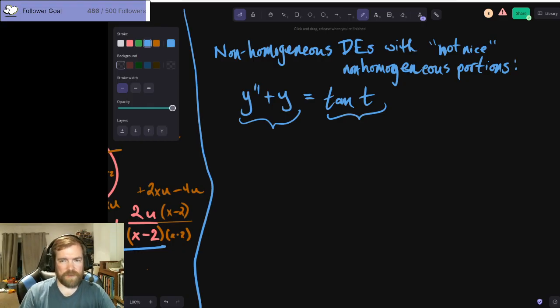we have a tangent, which we discussed at one point during our earlier exploits with first-order systems of differential equations, that this was not nice. It did not come up with a simple function that we could then say, okay, here's our function, derivative, and second derivative, such that if we take its second derivative and its original function, it's just going to get us tangent.